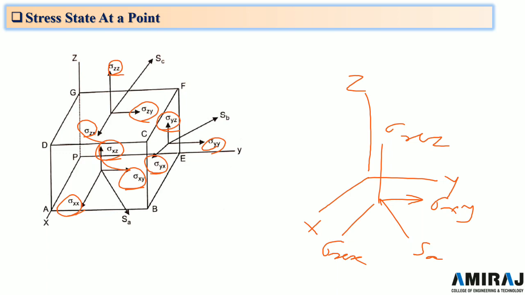So these two components are similar, and these two components are similar. Thus we need to determine only 6 components, which are sigma xx, sigma xy, sigma yy, sigma xz, sigma yz and sigma zz, to know the complete state of stress.